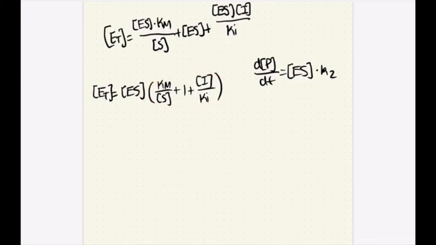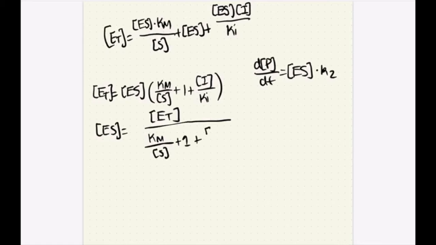Then we divide both sides by this value. So the enzyme substrate complex concentration is equal to the total enzyme concentration over the Michaelis constant over the substrate concentration, plus 1, plus the inhibitor concentration over the inhibitor constant.